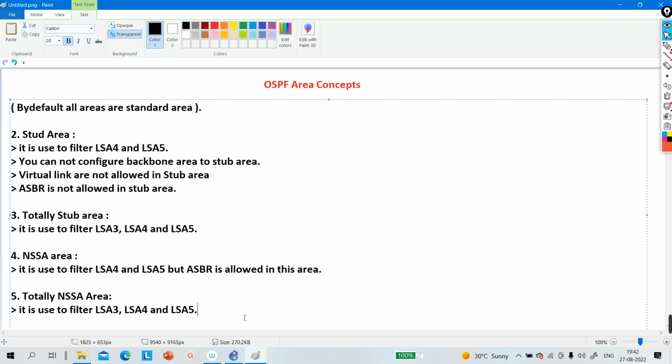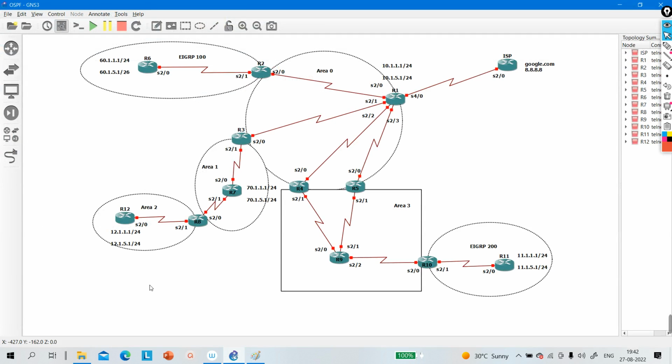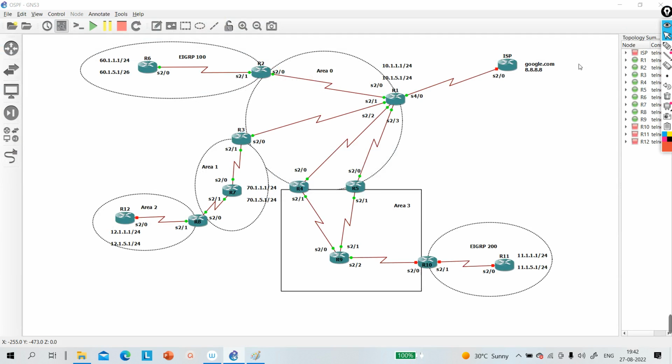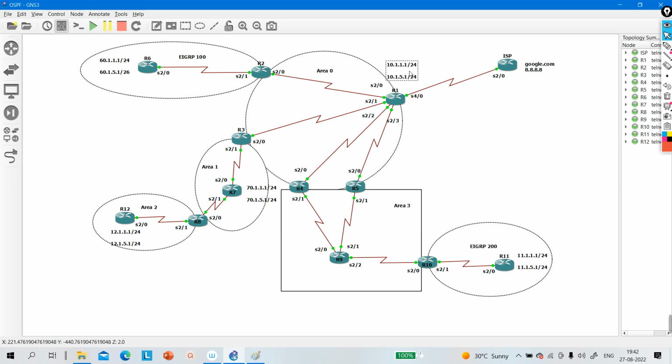So come here in this topology, let me turn on the devices. Here you can see I am running some prefixes on router 1, that is 10.1.1.0/24 to 10.1.5.0/24, and 60.1.1.0/24 to 60.1.5.0/24.